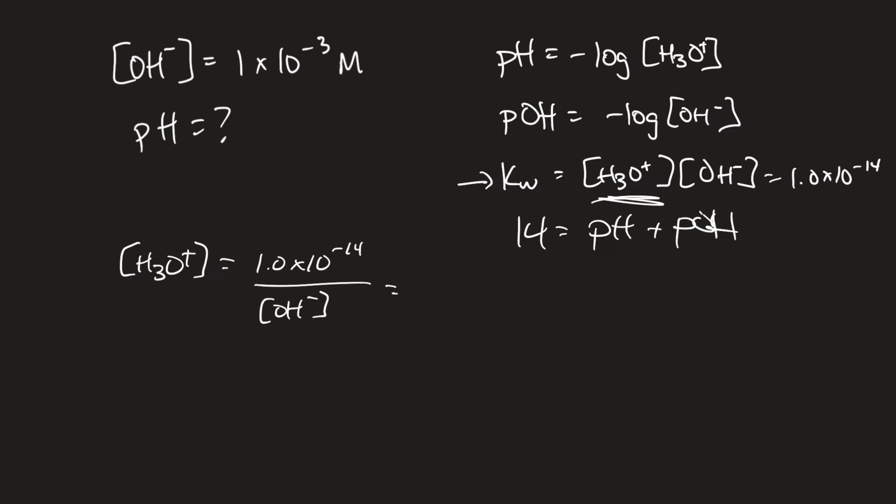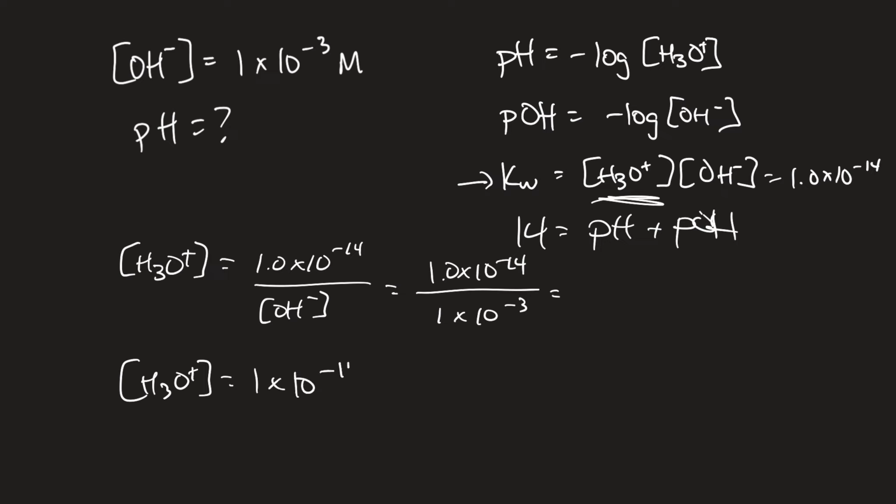Or in this case, it's going to be 1.0 times 10 to the negative 14 divided by 1 times 10 to the negative 3. All right. And so that means the concentration of hydronium is 1 times 10 to the negative 11.